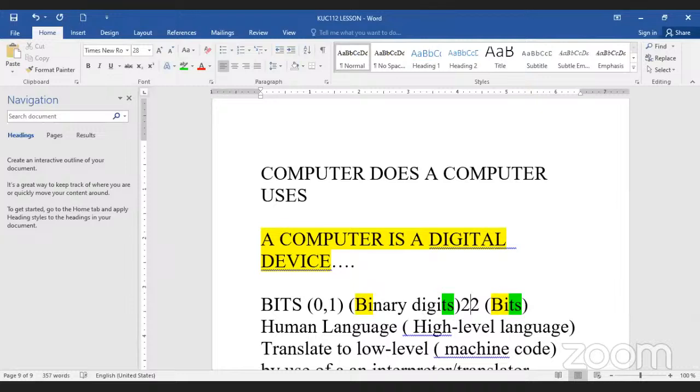So a computer only understands zeros and ones, which are called binary digits.